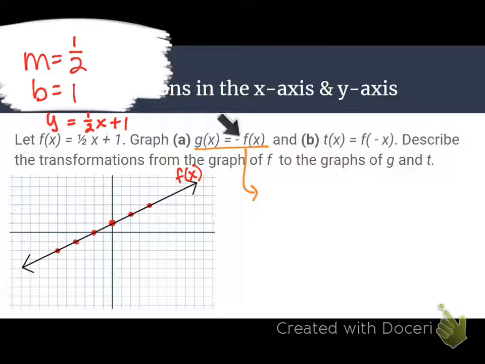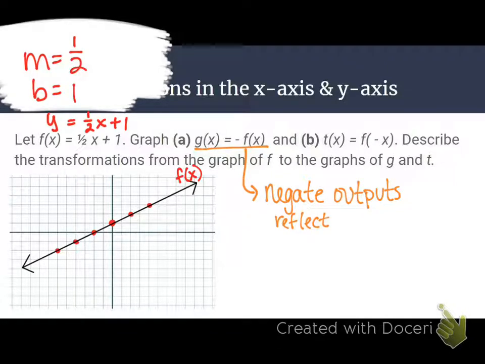So if it's negating outside, that's changing our outputs, or negating our outputs. So that means we're going to reflect over which axis? We just saw it on the last slide. It'll be the x-axis. I mean, it had to be one or the other, right? Reflected over the x-axis.